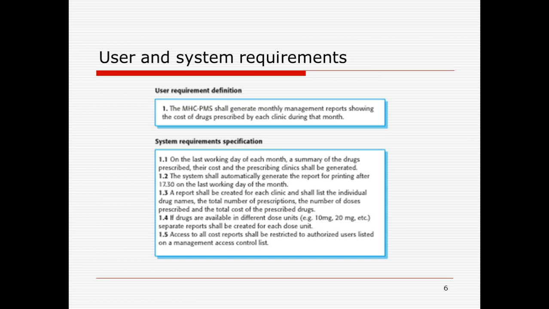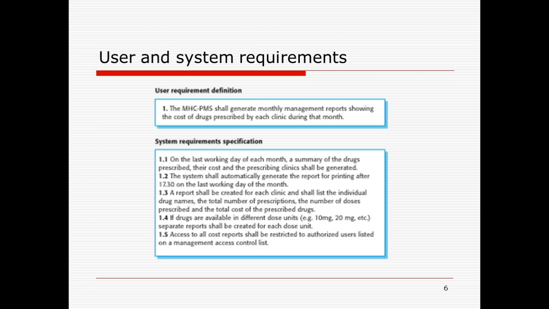So 1.1 is: on the last working day of each month, a summary of the drugs prescribed, their cost, and the prescribing clinic shall be generated. So it is going to generate the summary of the drugs prescribed and their cost and the prescribing clinic on the last working day. The summary report will be generated on the last working day.